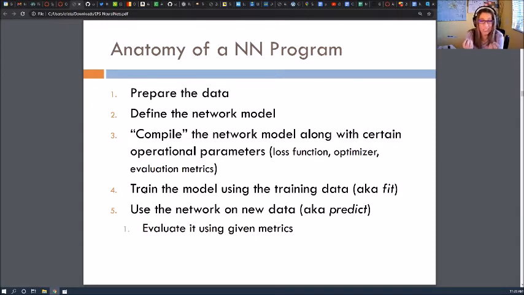That's called the training phase: training the model using training data, or it's also called fit. Basically, this comes from statistics. Having a bunch of input-output data, the goal now is to find the values of each of those weights that best approximate all of the input-output data that is available. So that's called training.